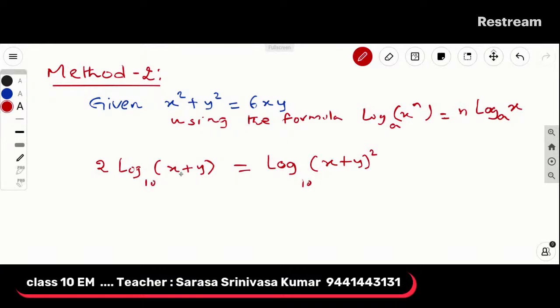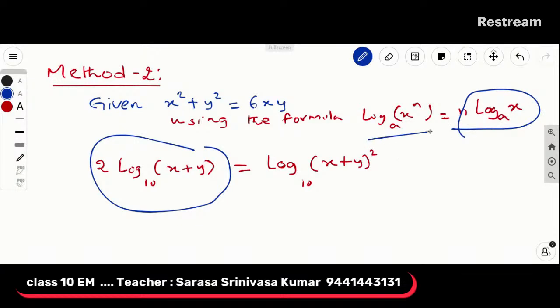So here this is the left hand side part of the proof. Now using this formula we can write it as log (x plus y) whole square to the base 10.